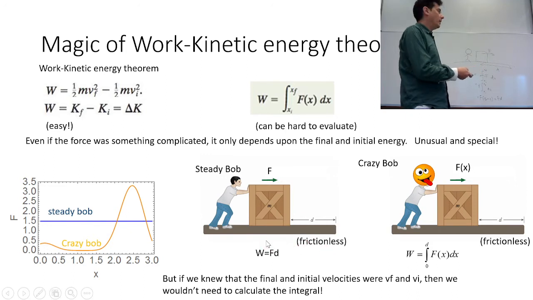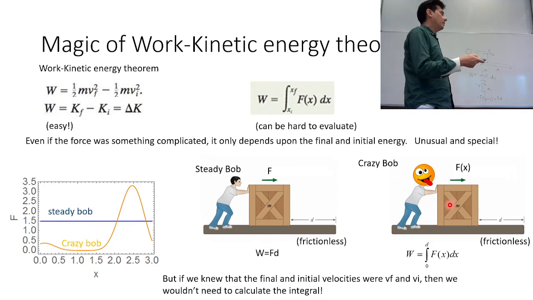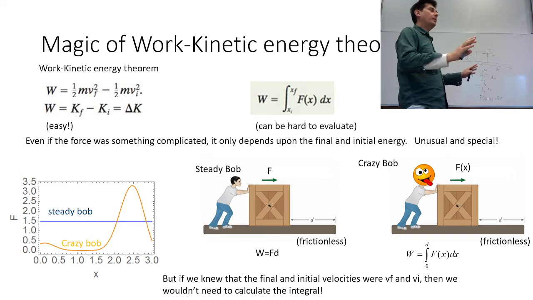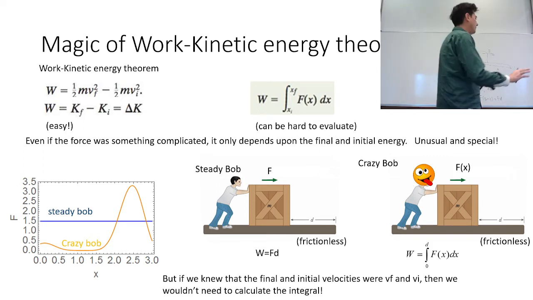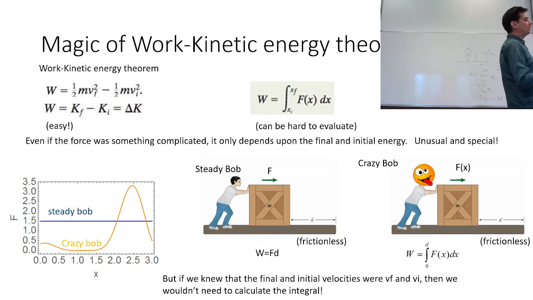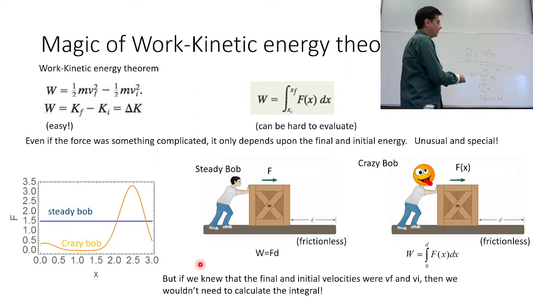Now, let's also say that there's another guy, Crazy Bob, who is pushing with a force, but it's changing all the time. He's pushing hard sometimes, he's pushing soft, he doesn't push at all for a bit, and then he pushes a bit, right? So, for example, this is the force versus position graph.